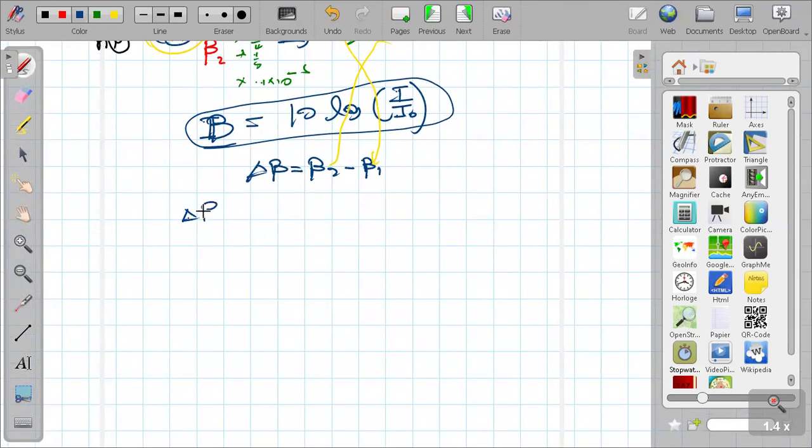Here delta beta is equal to 10 Lg I2 over I naught minus 10 Lg I1 over I naught. Now I am going to substitute these values.